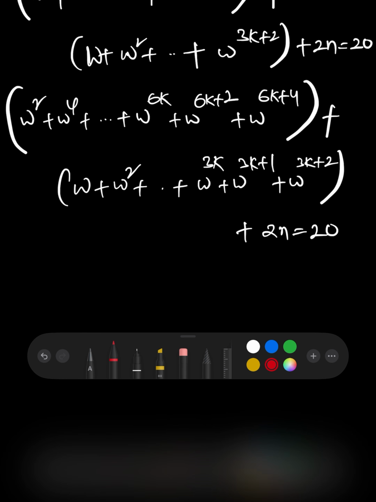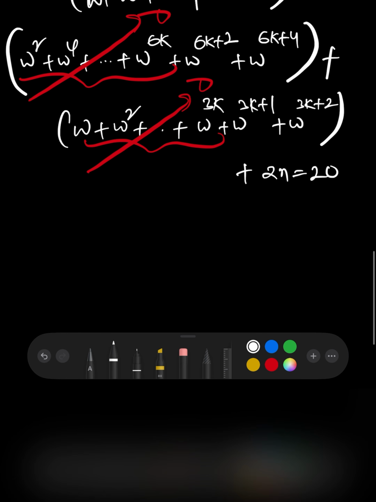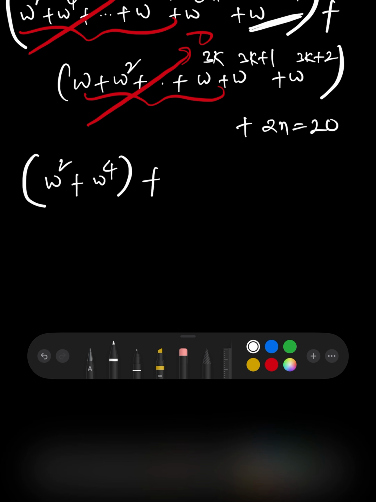Now here up to this we already know that it is a triad, this will become 0 and this also will become 0. So what we are left with is omega power 6k plus 2, that is nothing but omega square, and omega power 4, plus omega power 3k plus 1, which is nothing but omega, and omega power 3k plus 2, which is nothing but omega square, plus 2n equals 20.